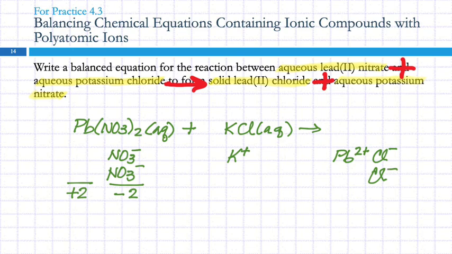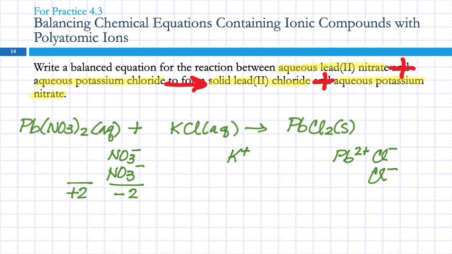To make the charge. So that's going to be PbCl2. And it says that's a solid. This is a single atom. It doesn't need parentheses. If you put parentheses, it may look stupid, but technically it's not wrong. And as is often the case, I did not center this very well, so I'm going to move it over.